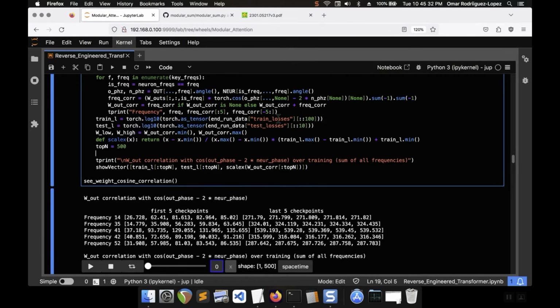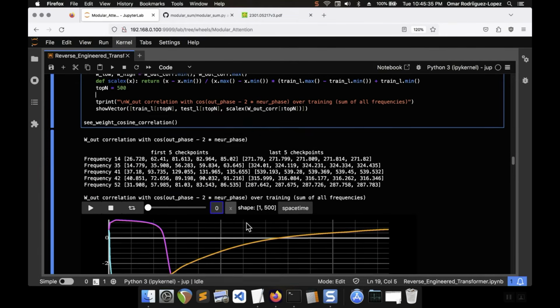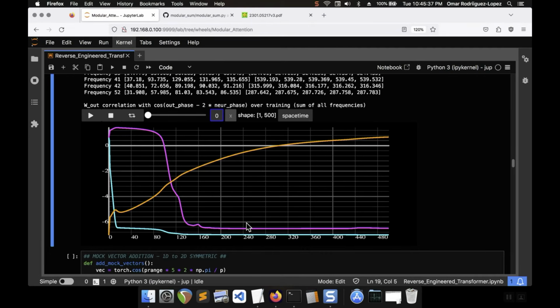So if you sum all of these, which is what I've done here, I've put this on the graph with the test loss and train loss. So you can see that the correlation with cosine for the function is monotonically increasing for every frequency, all the way through training too.